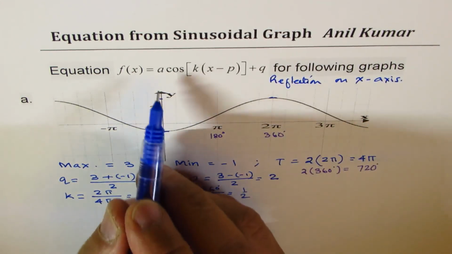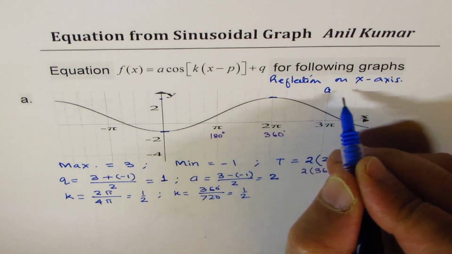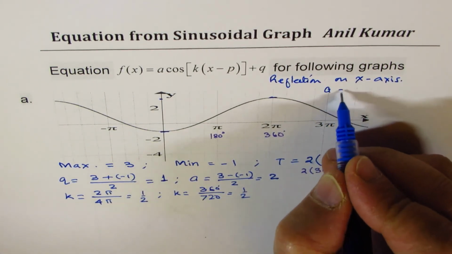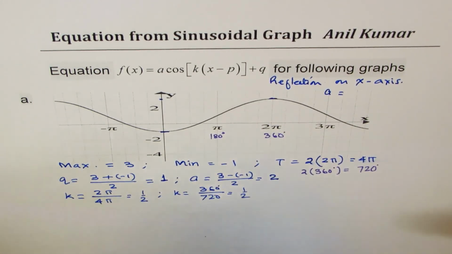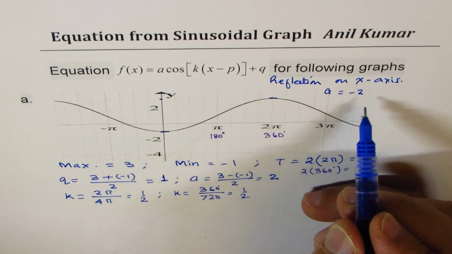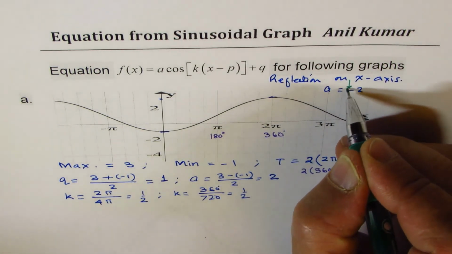Do you see that? So we can make A negative. That means A is equal to, since amplitude for us is 2, instead of 2, we'll take it as minus 2, which will take care of the reflection. I hope you get an idea, right?